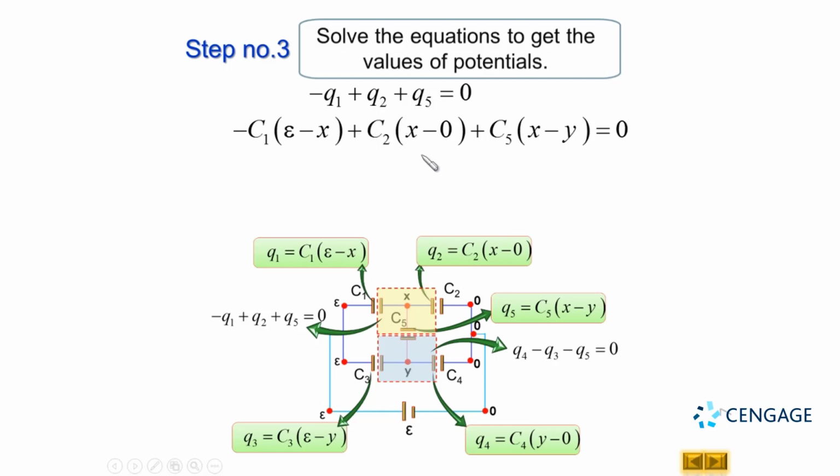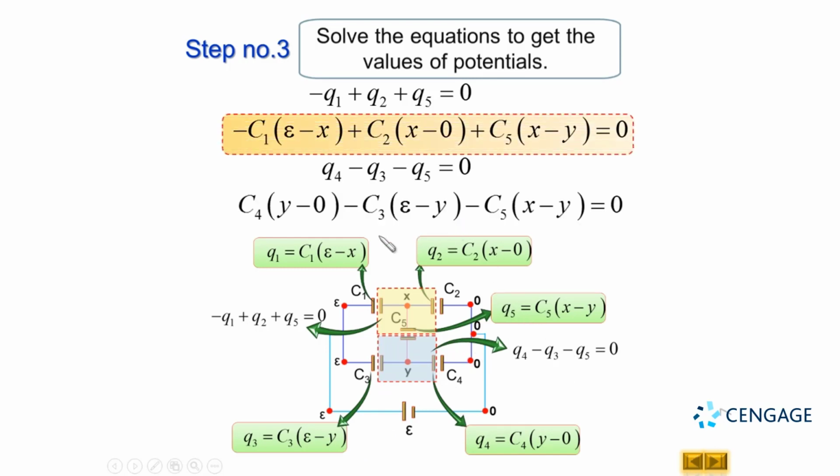We can observe there are two unknowns. Now let us substitute the values of Q4, Q3 and Q5 in this equation. We know the value of Q4 here, this is Q3 and this is Q5. So we can substitute these values. Now we can observe two unknowns here and two unknowns here also.